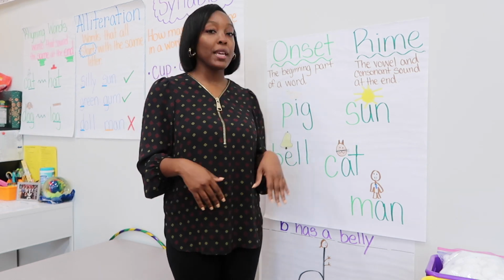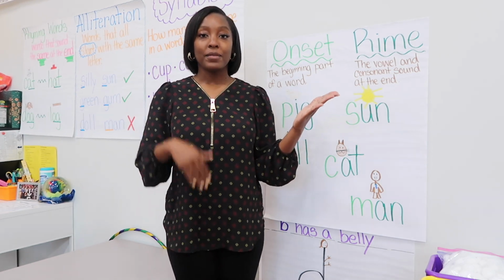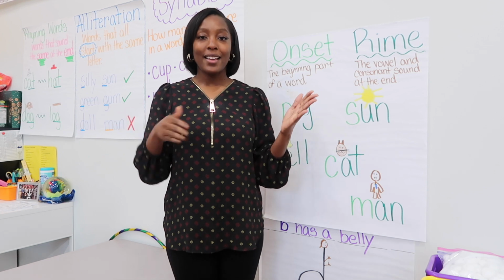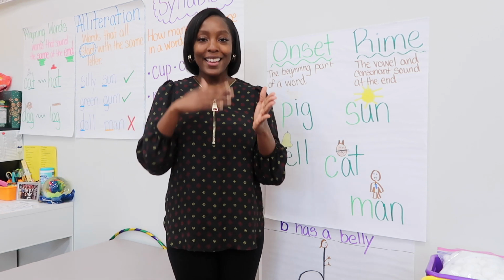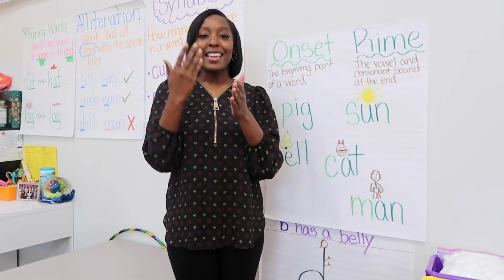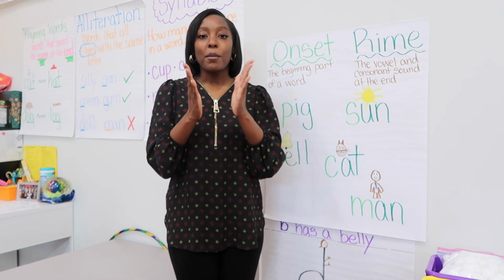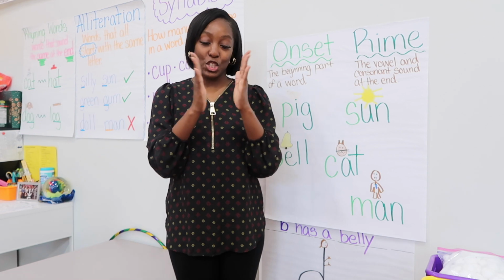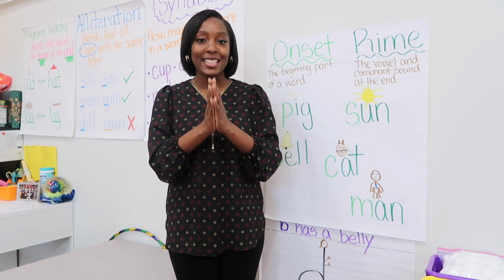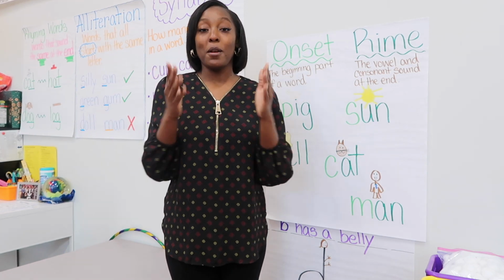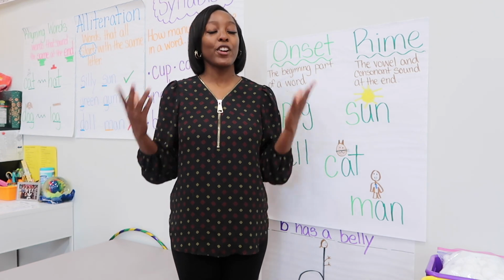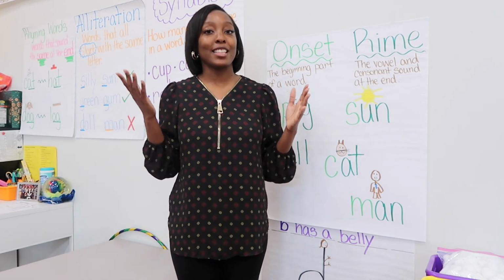The word is pig, so they would go egg, egg, egg, and as they're moving their hands closer and closer together, by the time they get to closing their hands, they should get the word pig.